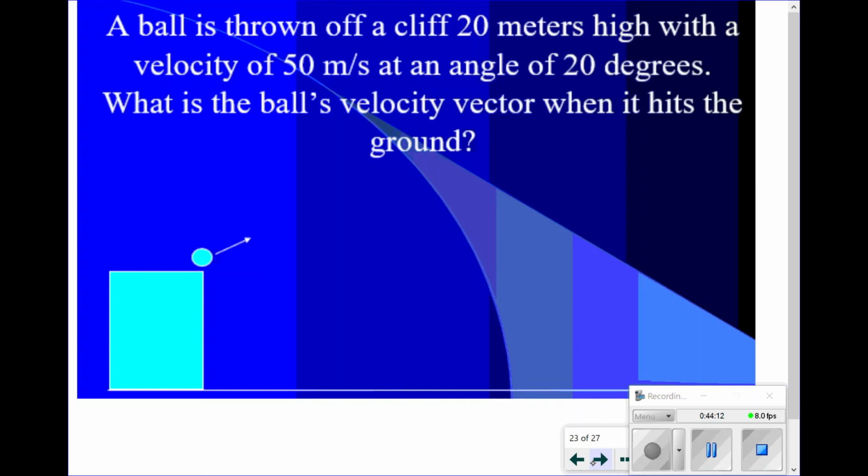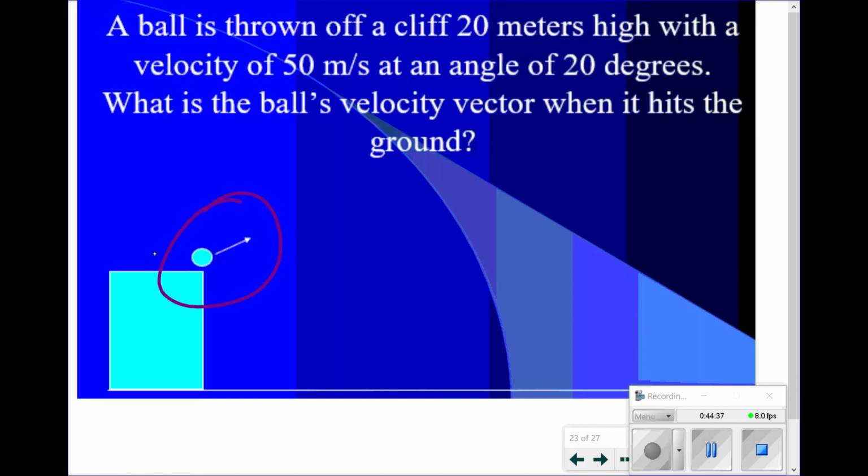So here I have a ball that's going to be thrown off of a cliff that's 20 meters high with a velocity of 50 meters per second at an angle of 20 degrees. They're not specifying if this is above or below the x-axis, but from the diagram, we can see it's above the positive x-axis. So Vy will be positive for the initial y velocity.